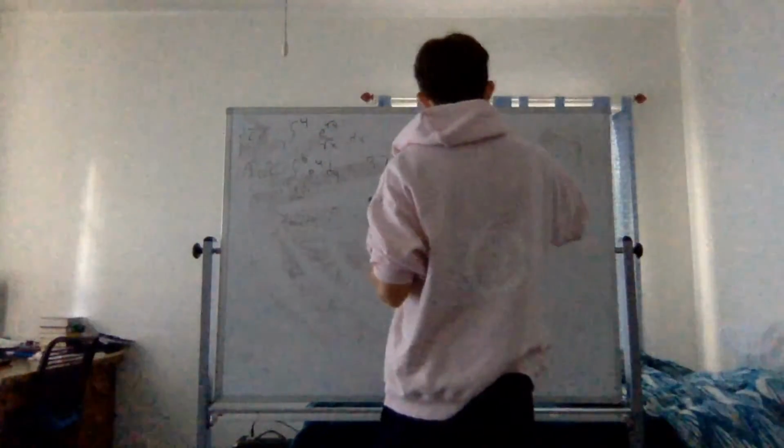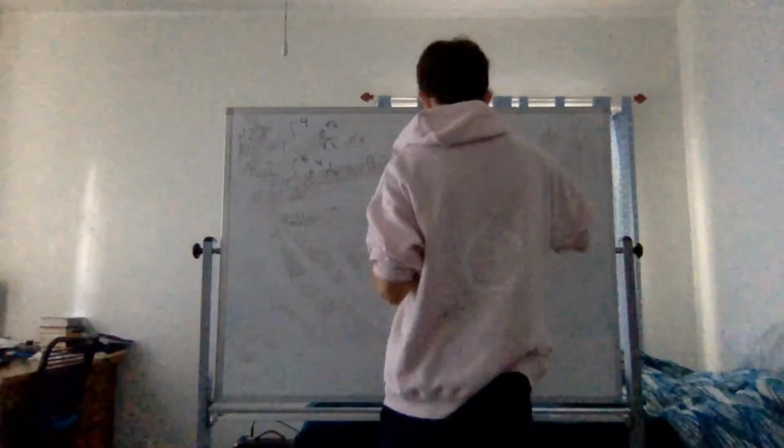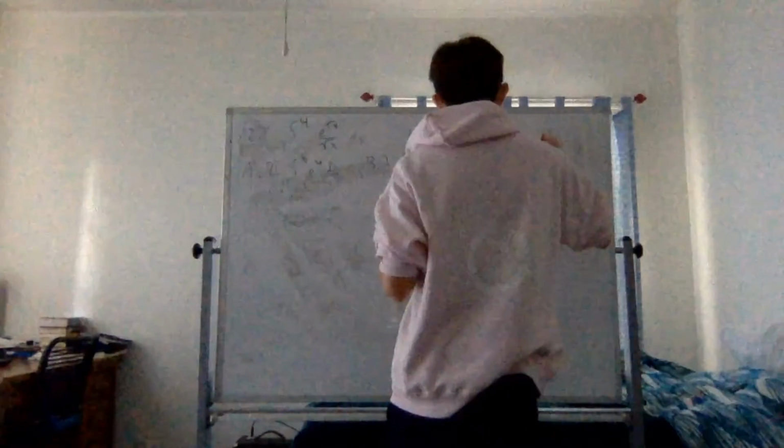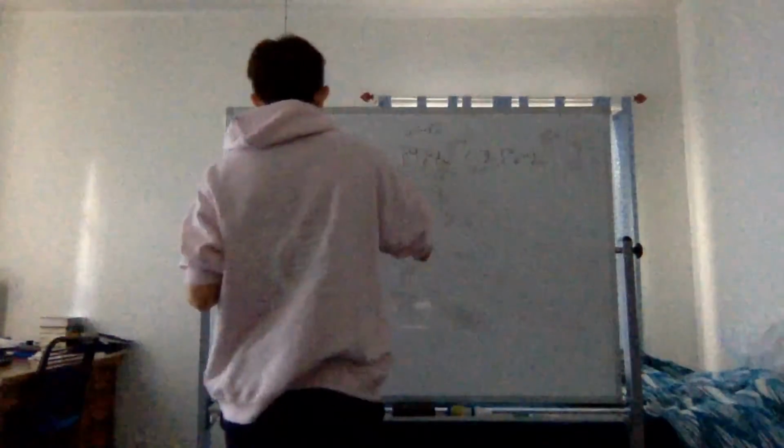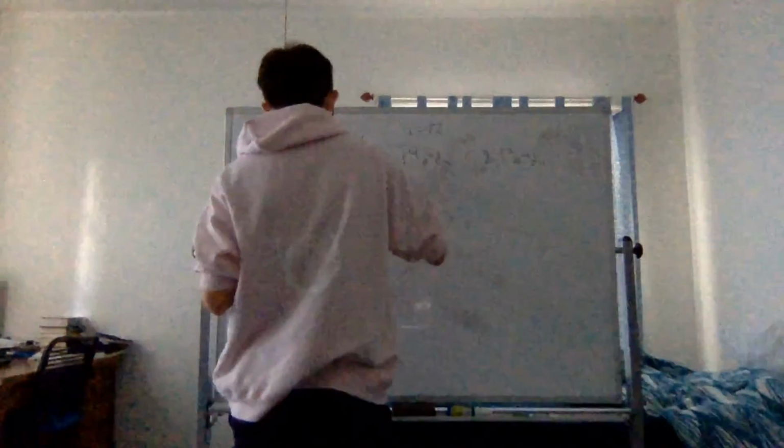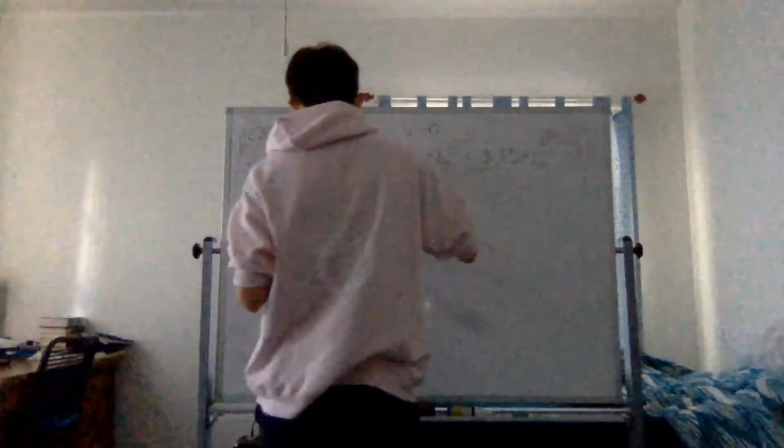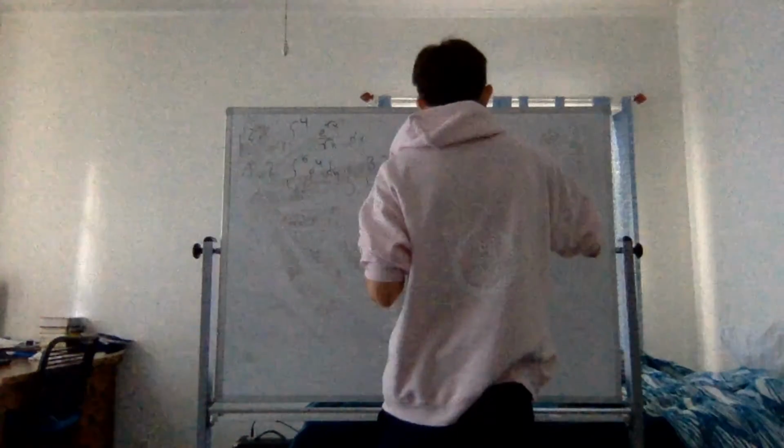B: 2 times the integral from 1 to 4 of e to the u du. C: 2 times the integral from 1 to 2 of e to the u du. D: 1 half times the integral from 1 to 2 of e to the u du. Then E: the integral from 1 to 4 of e to the u du.